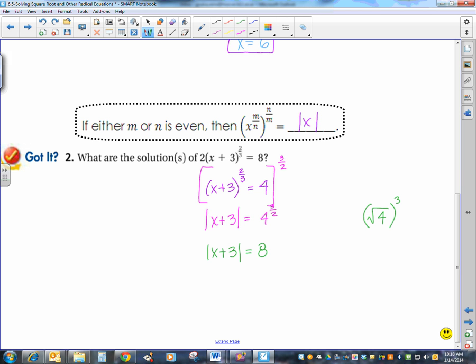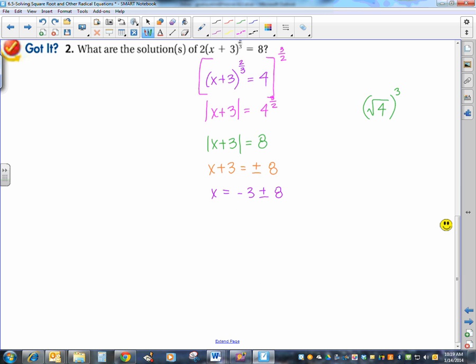Okay? And remembering way back to chapter 2, to get rid of these absolute values, that means that x plus 3 equals plus or minus 8. Okay? And then to solve that, I'm going to subtract 3. So x equals negative 3 plus or minus 8.